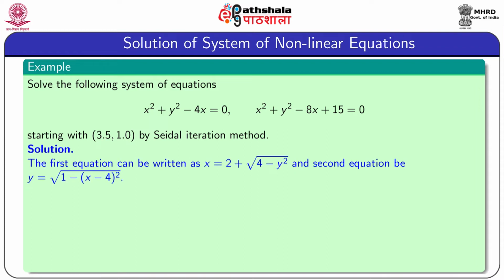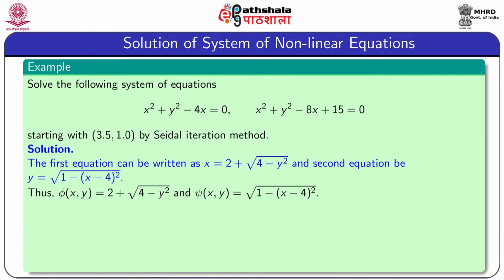The first equation can be written as x equal to 2 plus root over 4 minus y square, and the second equation is y equal to root over 1 minus (x minus 4) whole square. Therefore, phi(x, y) equal to 2 plus root over 4 minus y square, and psi(x, y) is equal to root over 1 minus (x minus 4) power 2.